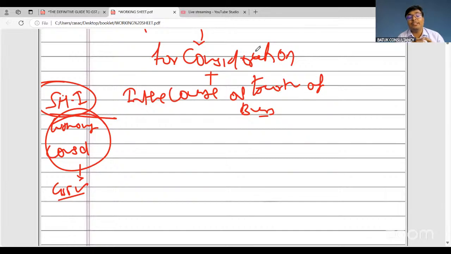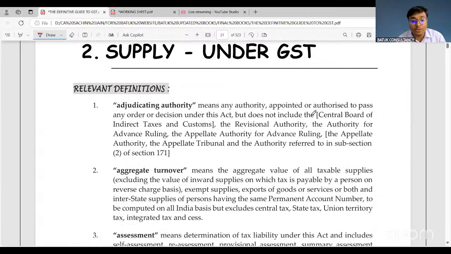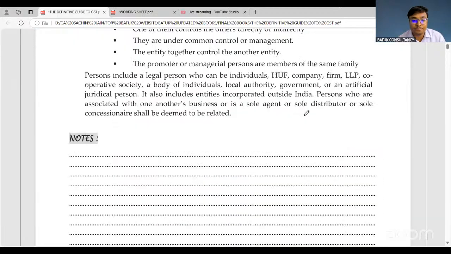If you check the definition of supply, they have started it with: supply includes sale, exchange, barter, transfer, lease, rental, disposal, or agreed to be disposal for a consideration in the course or furtherance of business. That means two mandatory conditions. One is consideration, another is in the course or furtherance of business. And they have started the definition from "supply includes." Just look at the definition.